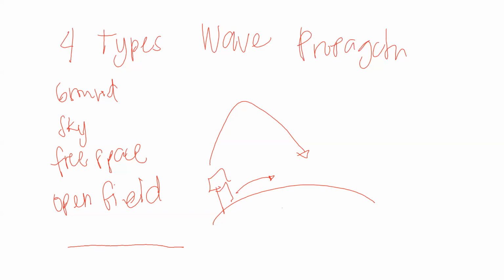So the most important propagation mechanism for short-range communication on the VHF and UHF band is that which occurs in an open field where the received signal is vector sum of the direct line of sight signal and signal from the same source is reflected off the Earth.